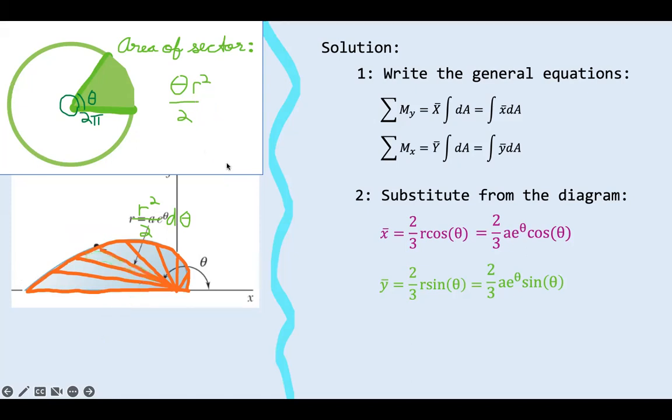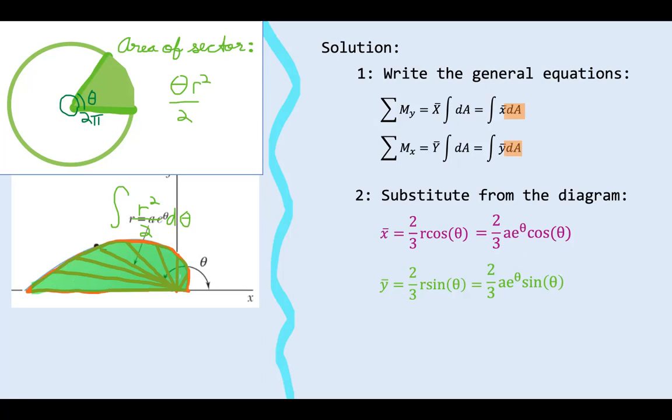Now, the area of this whole shape highlighted in green will be equal to the integral of r squared over 2 d theta from 0 to pi. And I will show you how I got those bounds later.